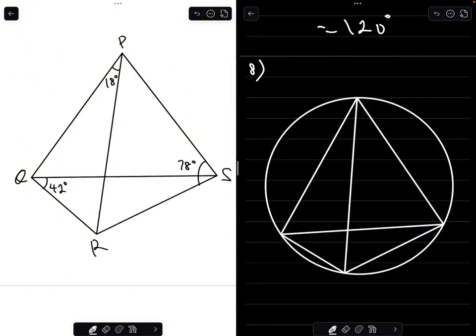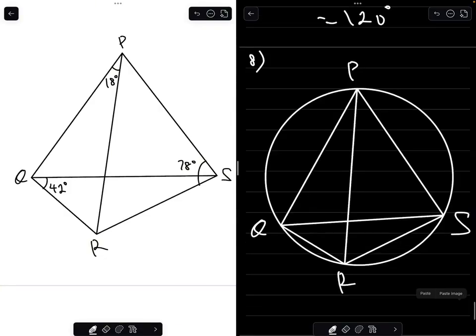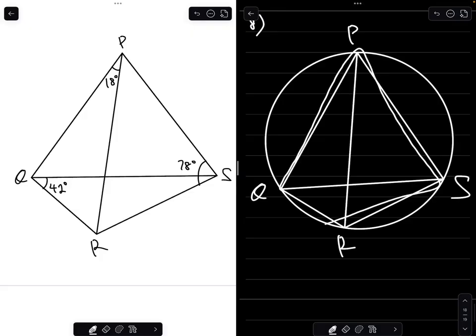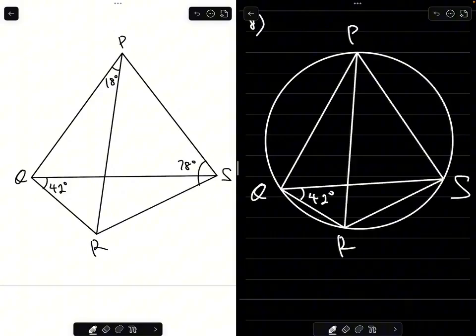Join this to this. Now this is PQRS. Cyclic quadrilateral PQRS. Now this angle is 42 degrees and the whole of this angle is 78 degrees, while this is 18 degrees.